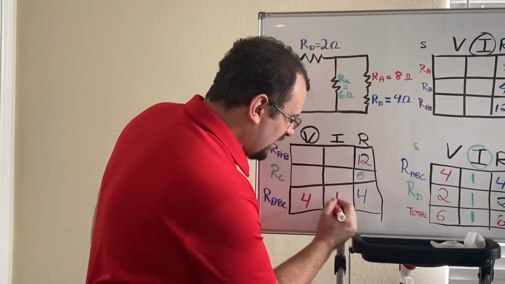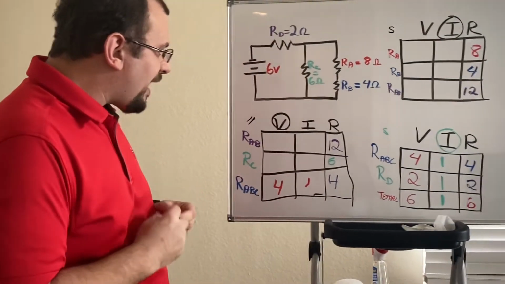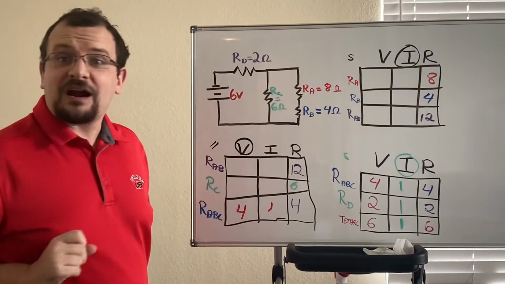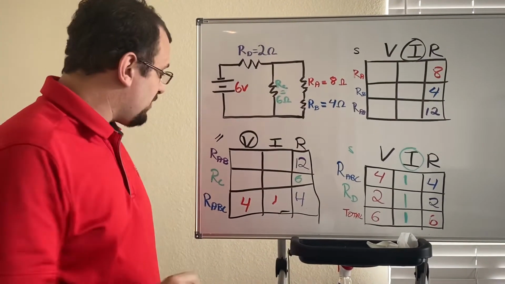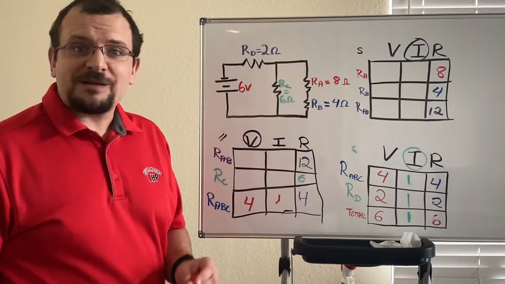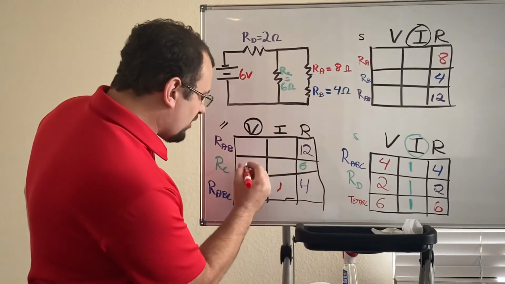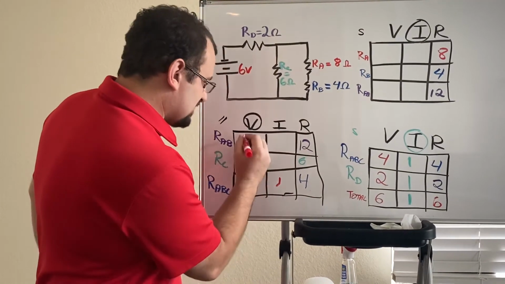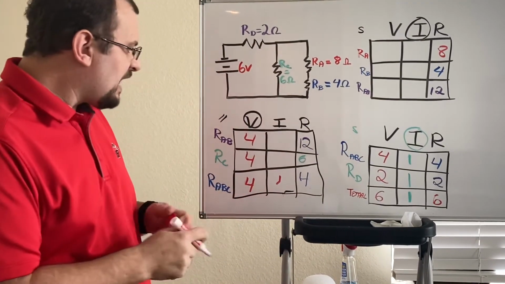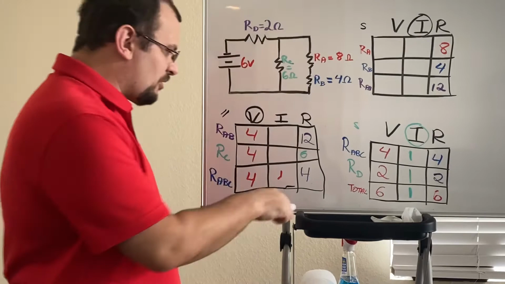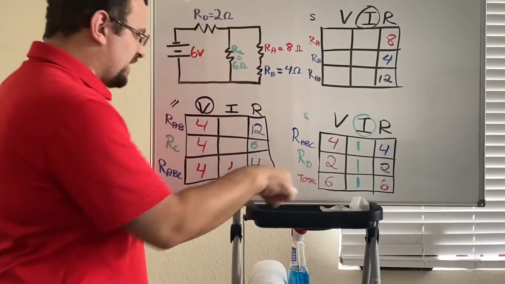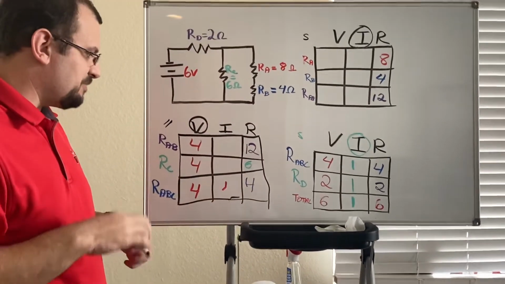this is going to be 1, and now I can look and see, oh, this is a parallel circuit. I wrote that down. The voltage is going to be the same because I circled that. And now I can go, oh, this is 4, this is 4. And now I can figure out what my currents are going to be.